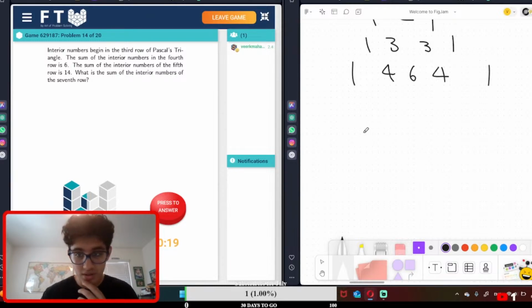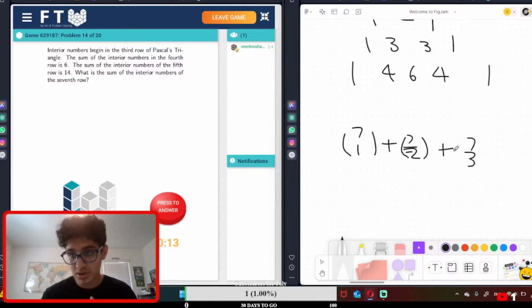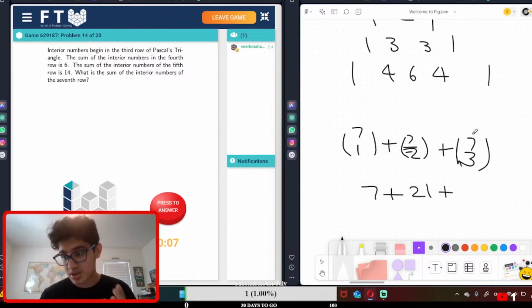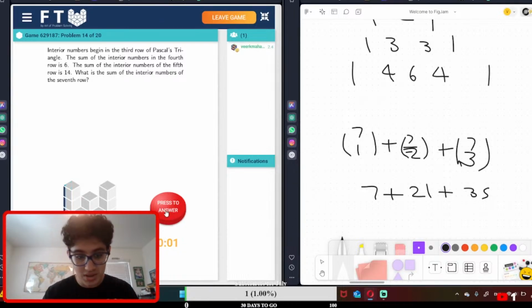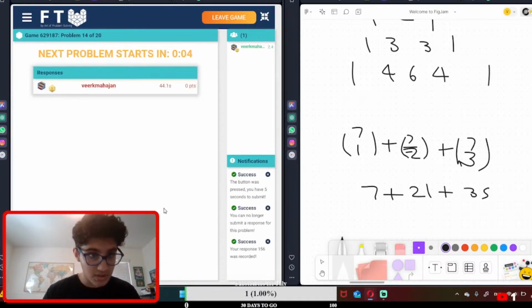Oh wait, we can do it like 7 choose 1 plus 7 choose 2 plus 7 choose 3 and then just multiply that by 2. So 7 plus 7 times 6, which is 21, plus 7 times 6 times 5, which becomes just 35. Add them all up. 28 plus 35 is 70, minus 7, 140, 156. Okay, that's probably wrong anyway. Must be.